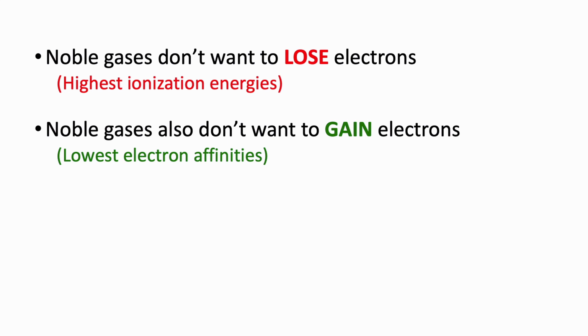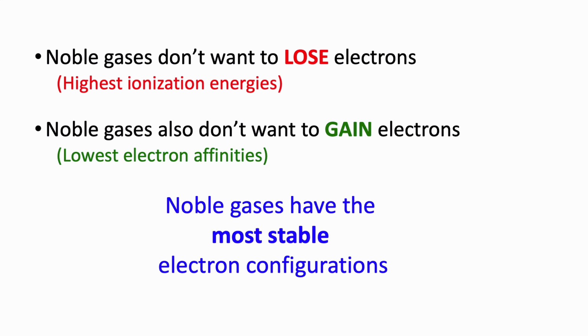So what does this mean? If they don't want to lose electrons and they don't want to gain electrons, that means they have the most stable electron configurations. And so what we're going to see moving forward is that other elements are going to try to achieve noble gas electron configurations somehow or another.